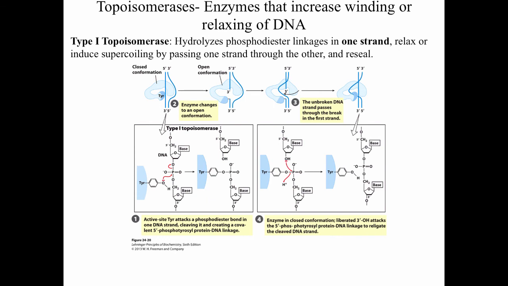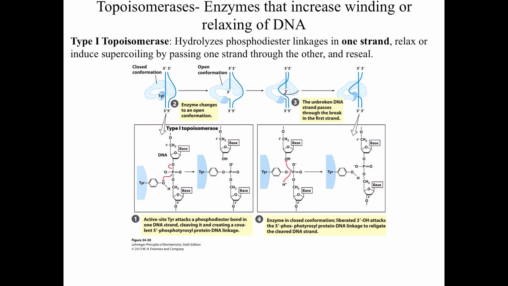So it essentially causes a break in one strand of the double-stranded DNA. Okay, and this results in a topoisomerase DNA adduct. Then the enzyme changes conformation, takes the unbroken DNA strand and passes it through the broken DNA strand, and then it reverses this reaction.